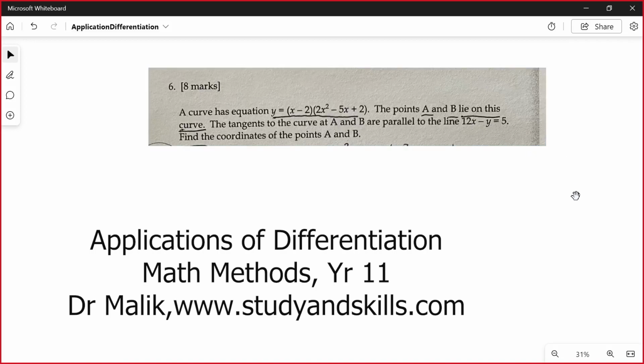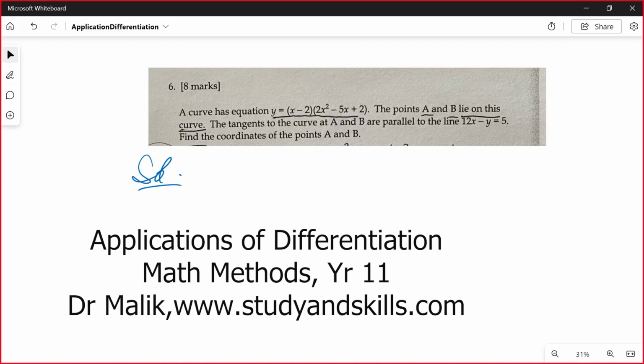What type of equation is this? A linear equation. Because it's parallel, at these points the curve will have the same gradient as this equation. So let's write that equation.